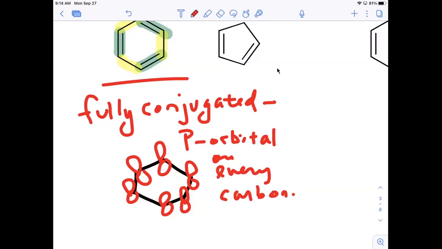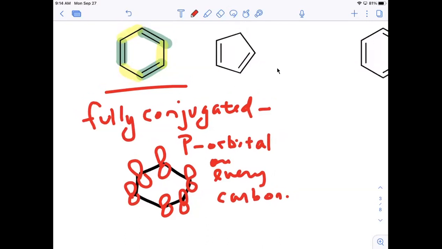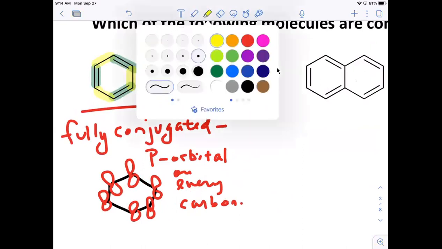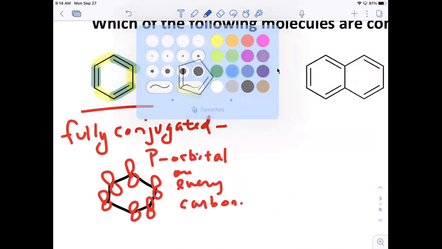All right, any questions about that example? All right, let's look at the next example. What do you think? Is that conjugated or not? Can you see the pattern here? It's not fully conjugated, but it is. I see.